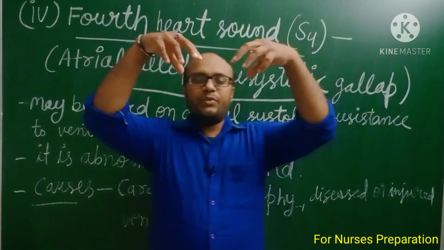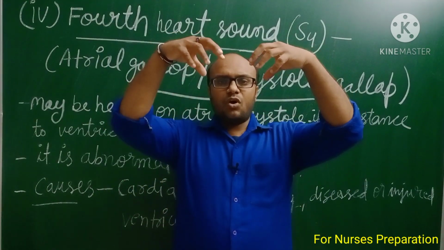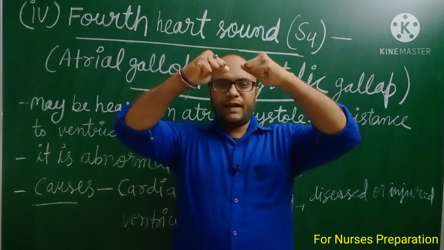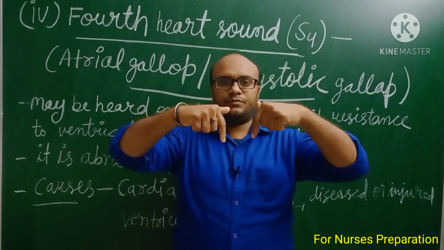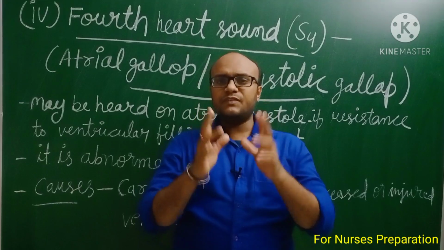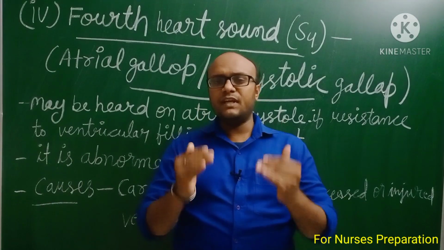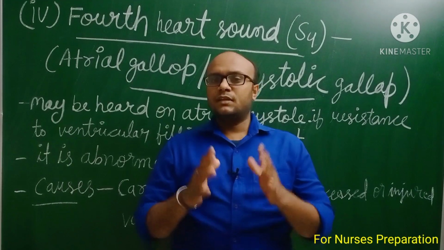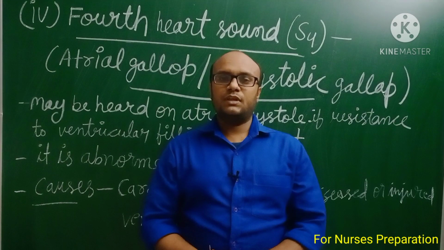Suppose this is the upper chamber and this is the lower chamber. When the upper chambers, or atria, of the heart contract, blood passes from the atrium to the ventricle. At this time, if there is any resistance while filling the ventricles, the fourth heart sound is produced.